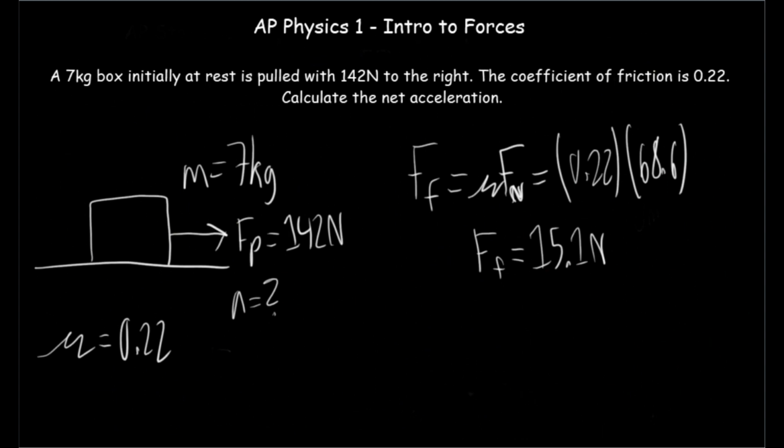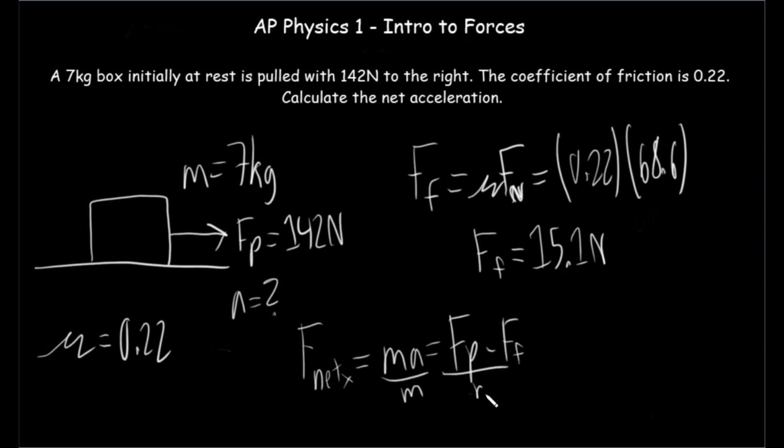So remember, just before you do, make sure you check to see if the force of push is greater than the force of friction, which in this case it is. Much greater. So since it's greater, we know that there's acceleration in the x direction. Divide both sides by m. Let me clean this up a bit.